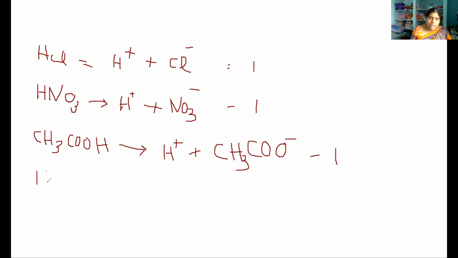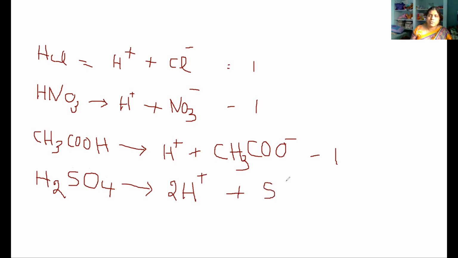Then next, H2SO4. How will it split? 2H plus ions plus SO4 minus 2. What is the basicity here? 2.